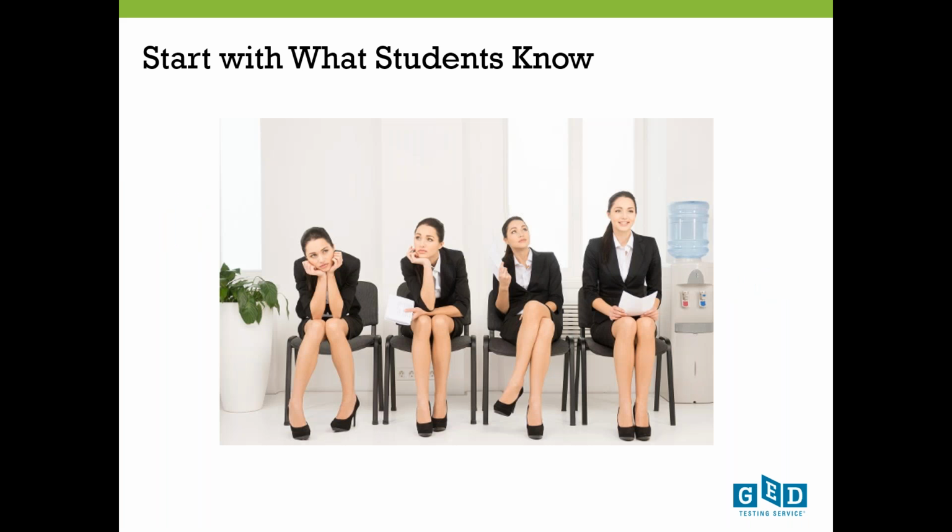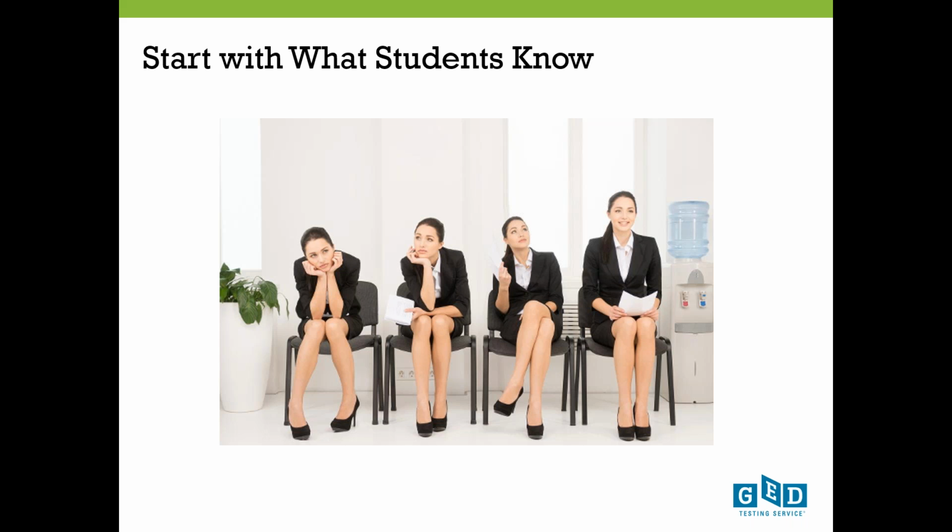So start with what students know. I think all you have to do is look at this photo of 4 women lined up, and you can make a number of inferences. One looks very eager. One looks like she'd rather be anywhere than this. One looks bored.